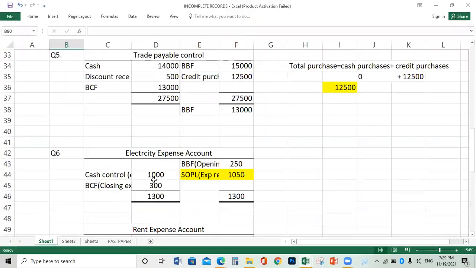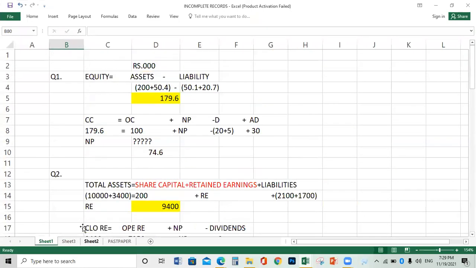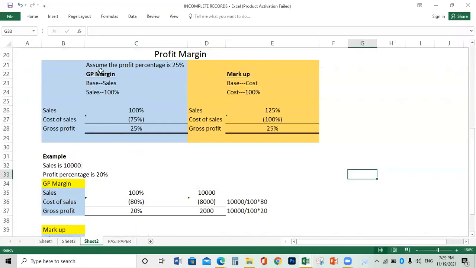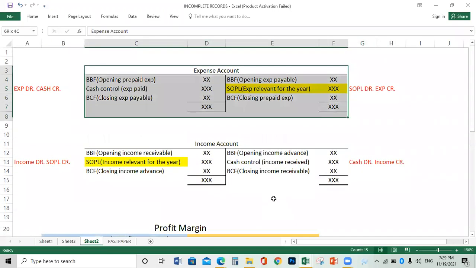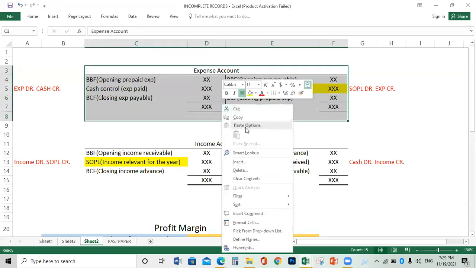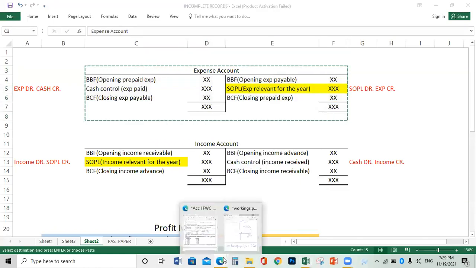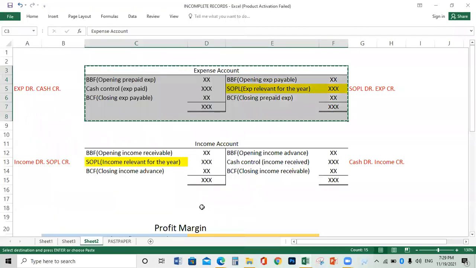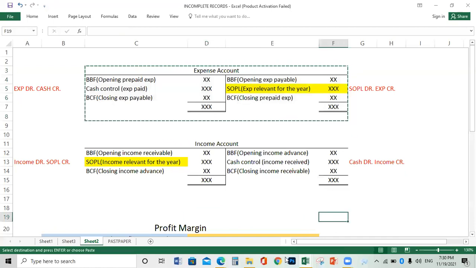This is not only tested in one chapter, it is tested throughout your accounting part. So you need to know these two ledger accounts, expense and income account. If you want, take a screenshot. Now we need only the expense account because insurance is an expense. Interest, I think, is also an expense, so we only need the expense account, but take a screenshot, you might need it later.